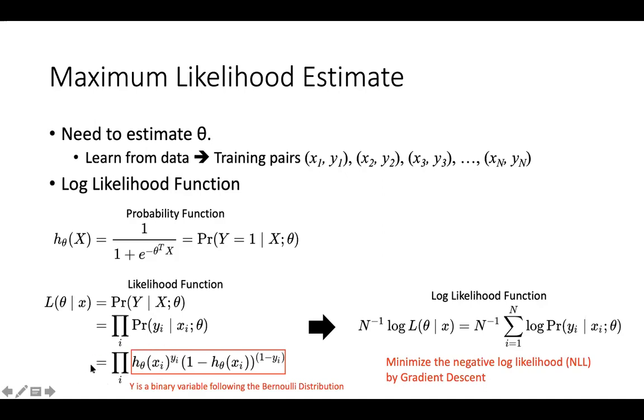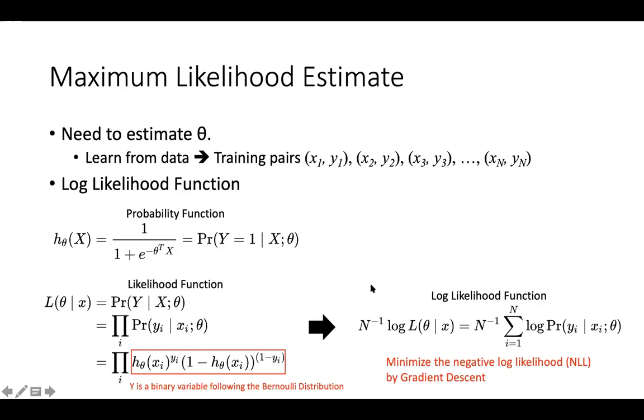If you put the log, then this becomes the log of this plus the log of this, and then the exponent can come in front. Then that becomes y log your prediction plus 1 minus y log your prediction, which is basically a cross entropy.